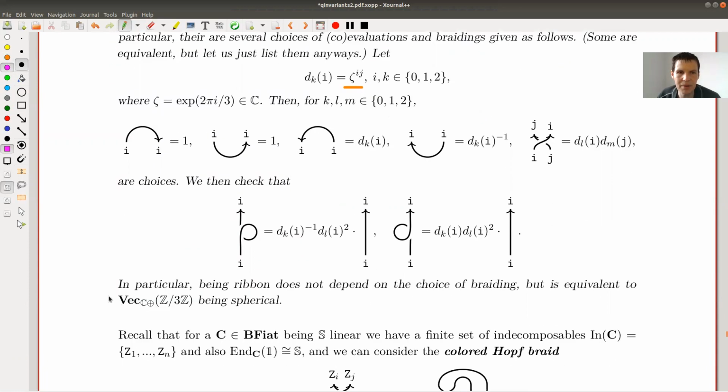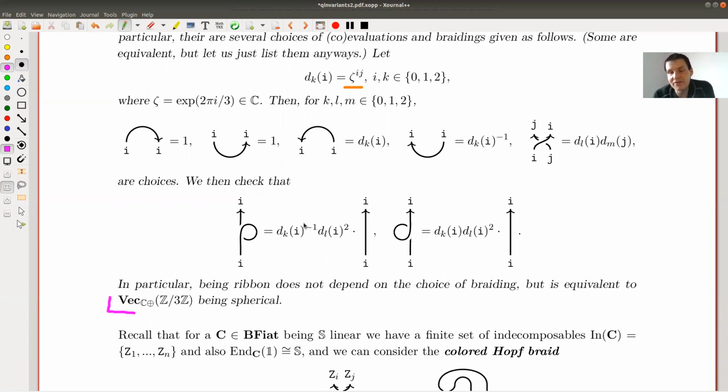They are usually ribbon up to a scalar. So for all of these categories, what is usually a little bit tricky is that the Reidemeister 1 moves usually only hold up to a scalar. That's a pity. It's annoying, and we don't like it, and I'm going to ignore it a little bit.